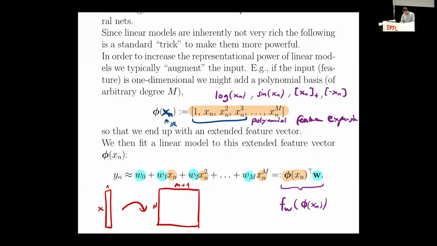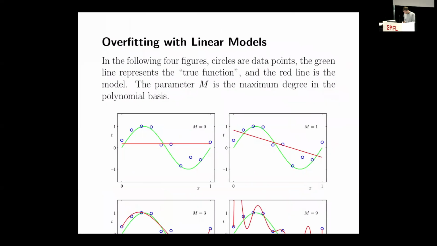And again, a data set is always n data points. And then we do regression on a new data set. Let's see what happens if we do this.